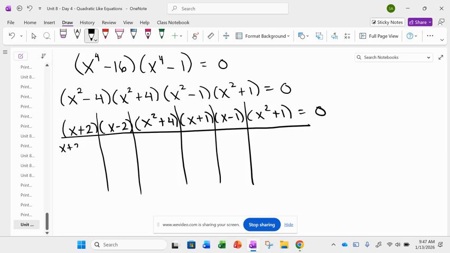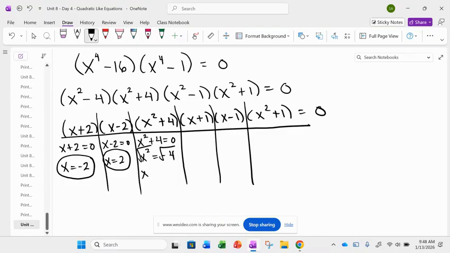So we have x plus 2 equals 0, so x will equal negative 2. That's one solution. X minus 2 equals 0, x will equal a positive 2. That's a second solution. X squared plus 4 equals 0. Subtract that 4 over. Square root both sides. X will equal plus or minus what? 2i. Very good.